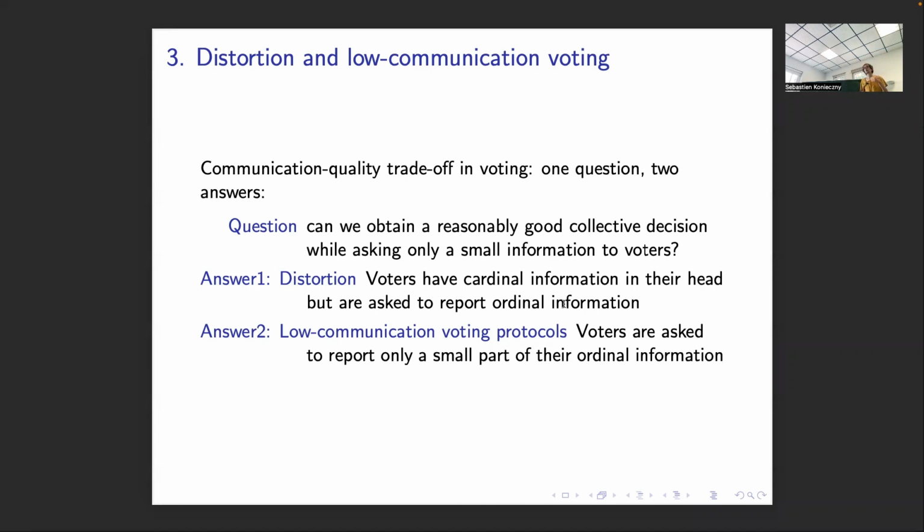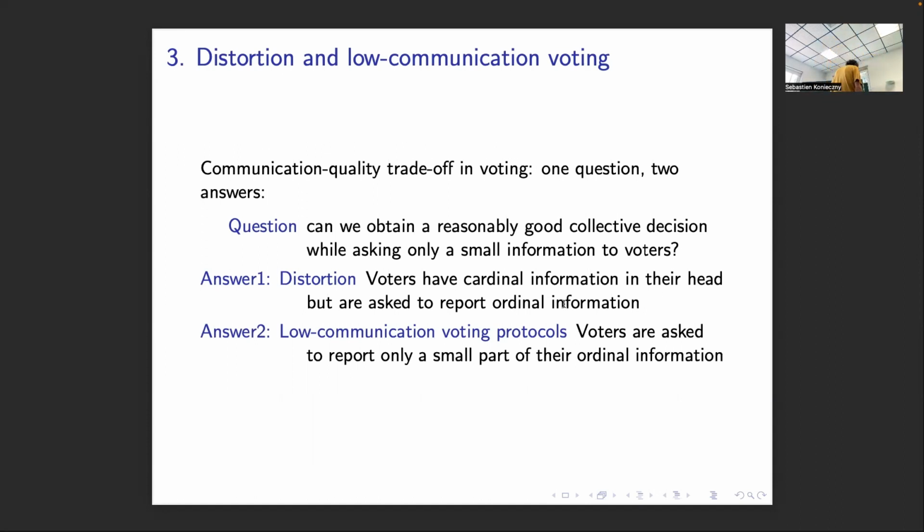In the first round, voters give only the name of their top candidate, and then we send a message: the top 2 candidates are Macron and Le Pen, and in the second round, you choose between them. So the same voting rule, but two different protocols. And of course, the second one uses less information than the first one, less communication, fewer bits.